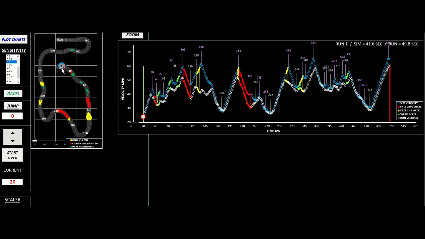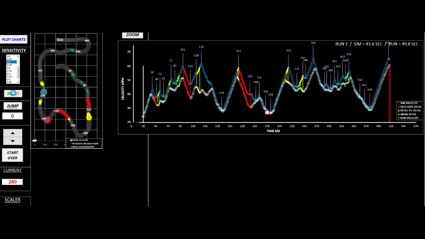One thing we can do with this program is actually race against the simulator. So I'll do that. And the blue circle is the actual simulation, and the red circle is Don. And Don, if he had at every point along the racing line achieved the acceleration rates that we know he could do because we extracted them from his run, he would have kept up with the blue circle.